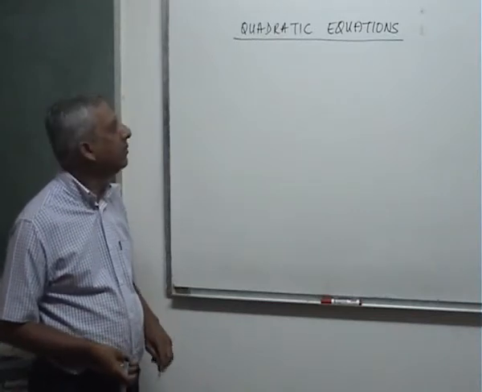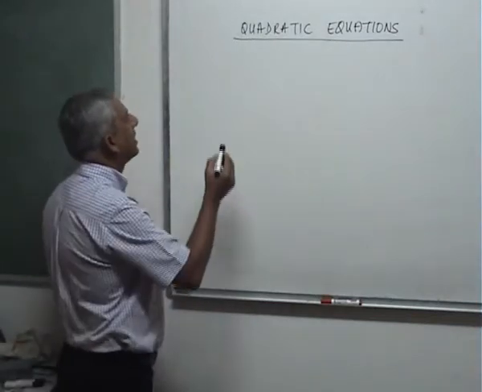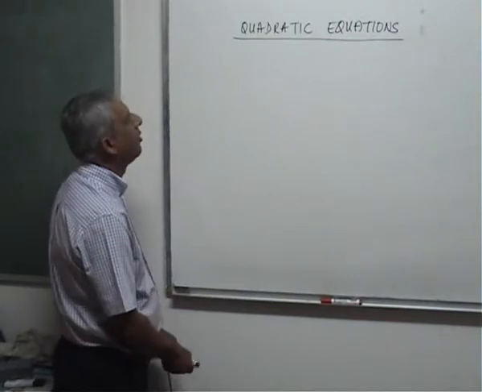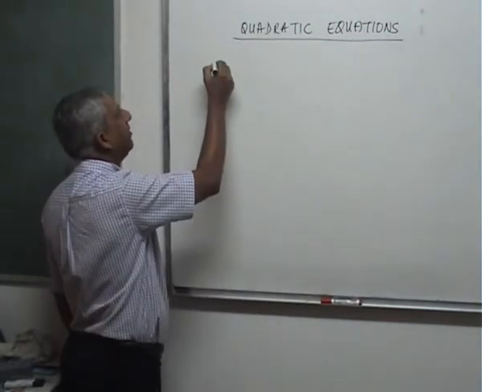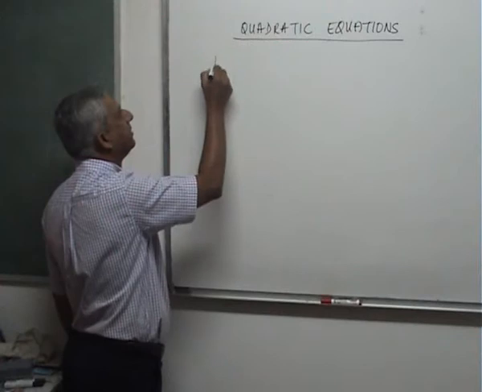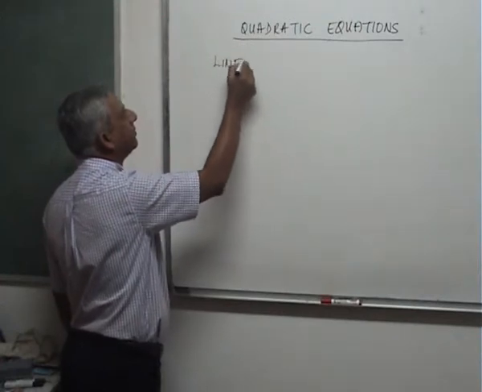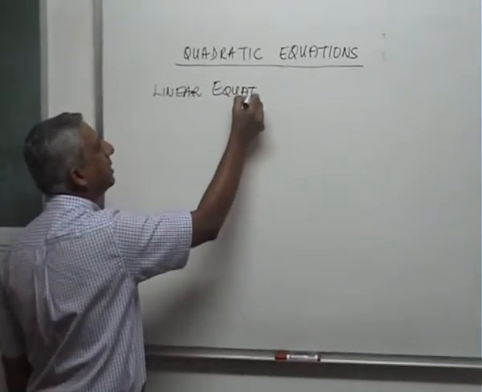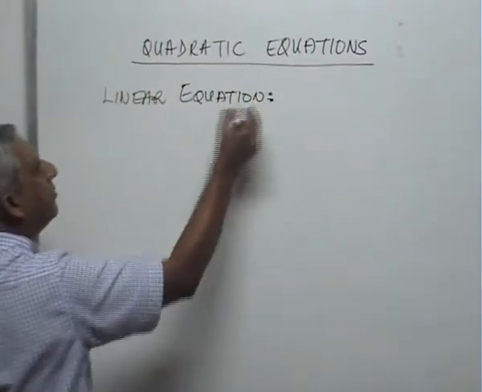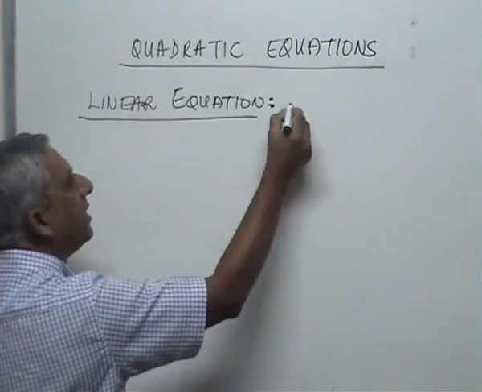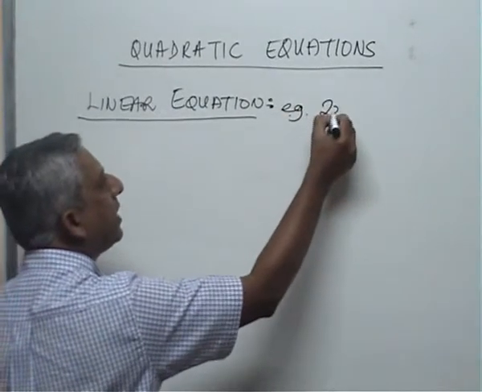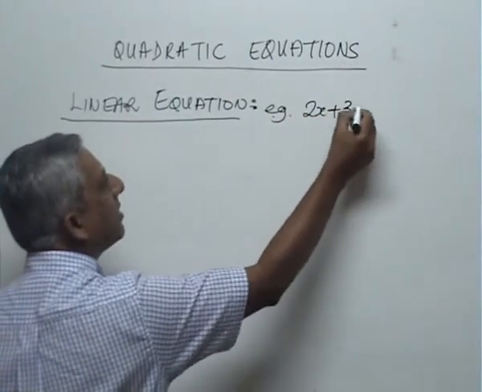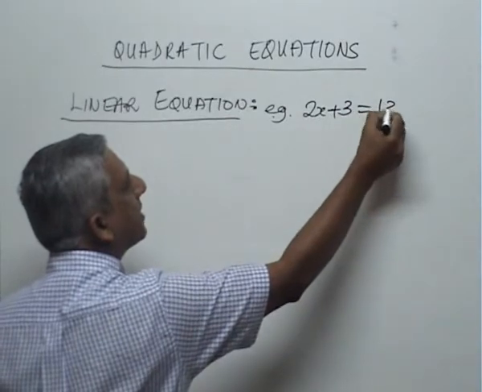Alright, so let's move. Now, what is a quadratic equation? We need to be clear in our minds. Firstly, if you take an equation like this, now let's see what's a linear equation. An example of a linear equation is 2x plus 3 is equal to 13.